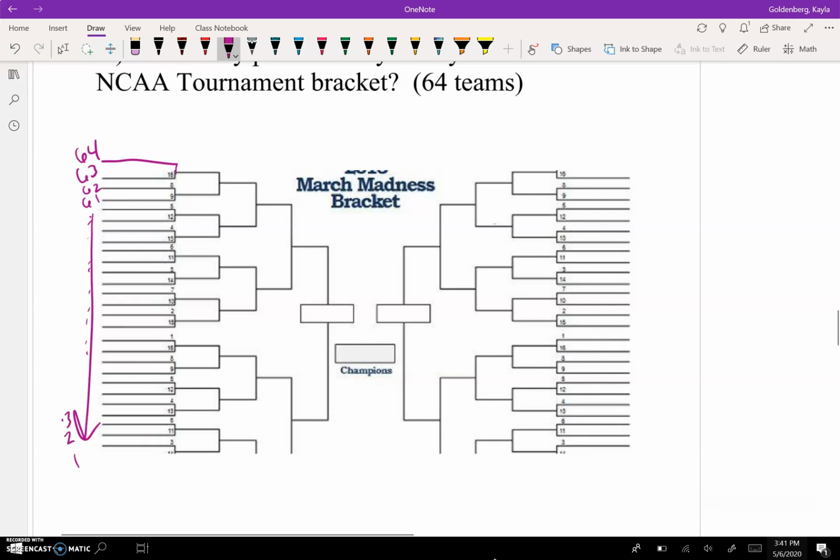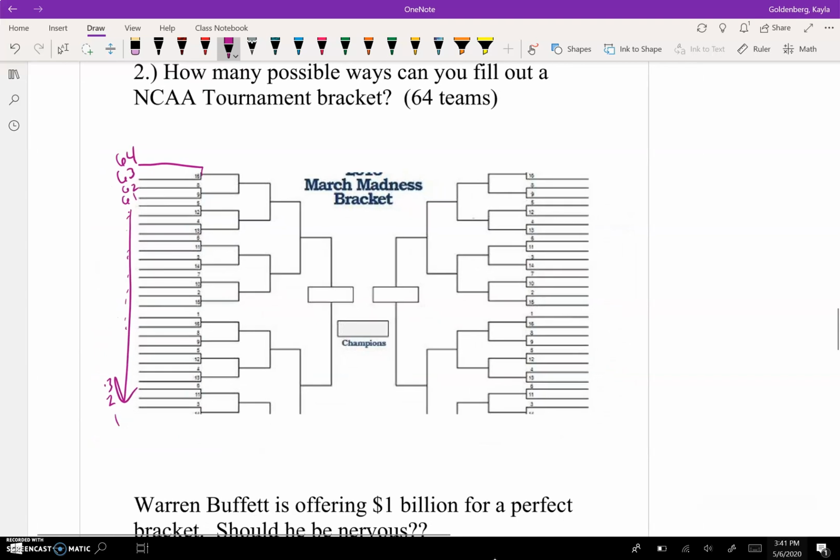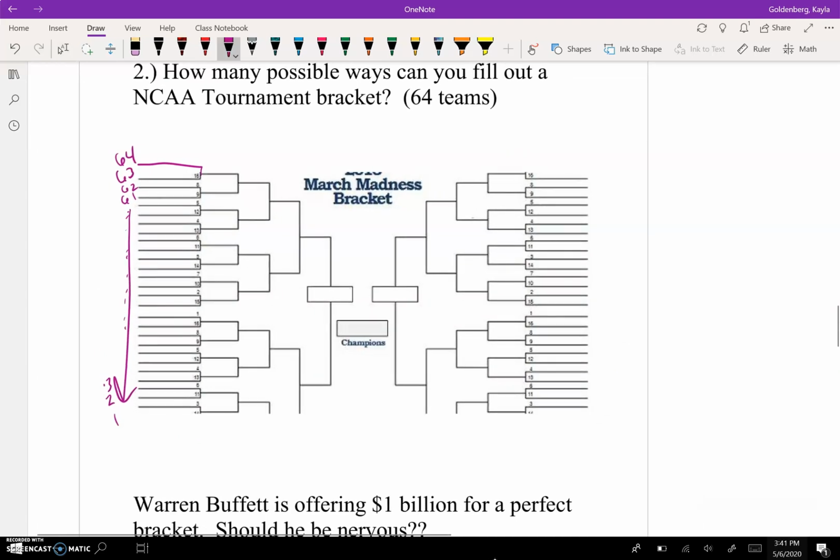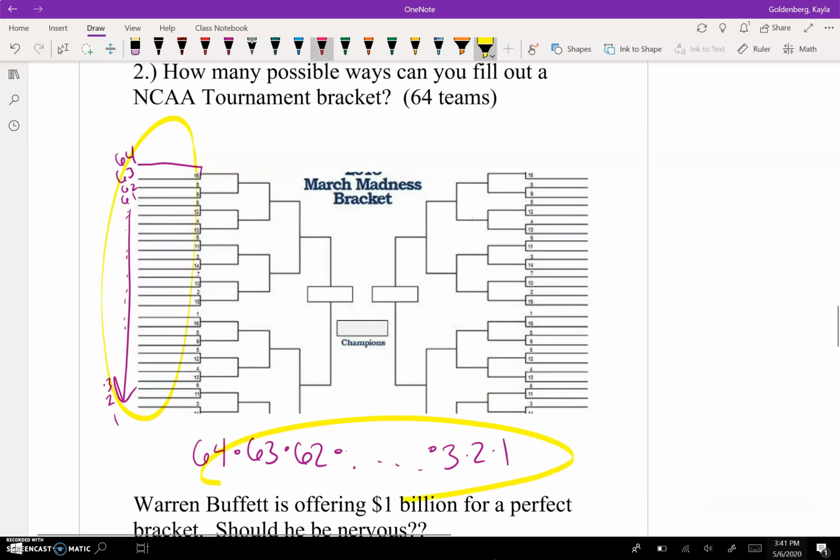And then in addition to that, if you think about how many different options there are, 64 times 63 times 62 times ... times 3 times 2 times 1, that's a huge number. And that's only taking into account your first decision, right? It's not taking into account that for each of these, you're going to have 2 options for who wins, right?